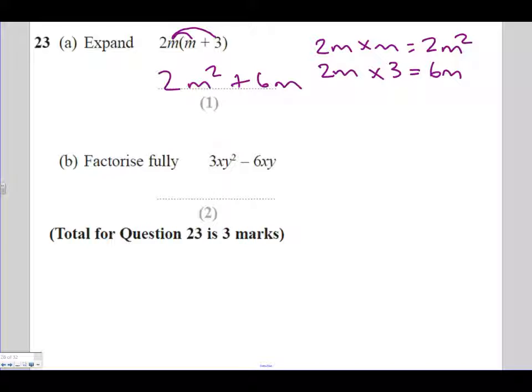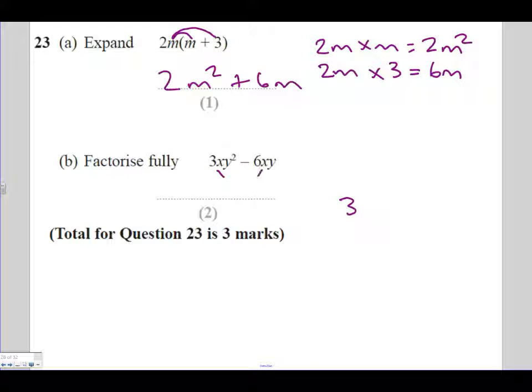Part B. Factorize fully 3xy squared minus 6xy. So the key to factorizing is pull out things that are common to each of the terms. So for example, the number 3 is common to both 3 and 6, so we can use that.